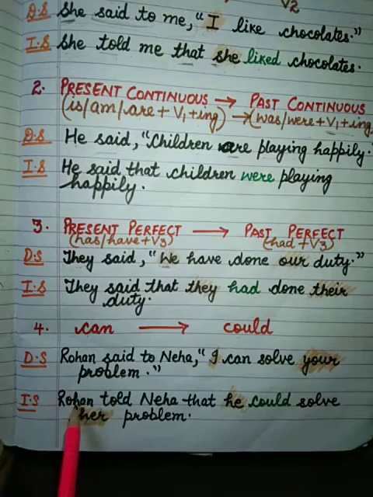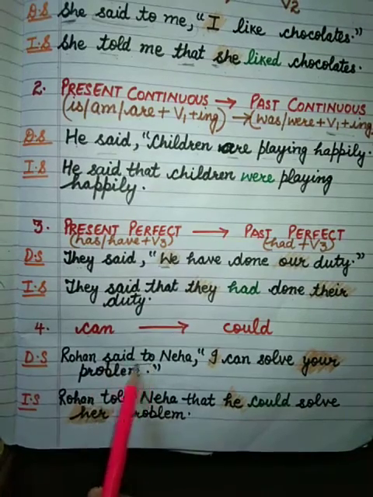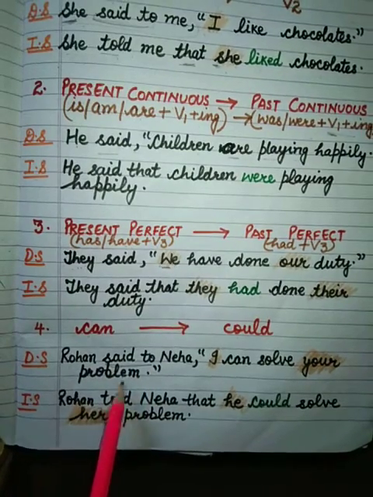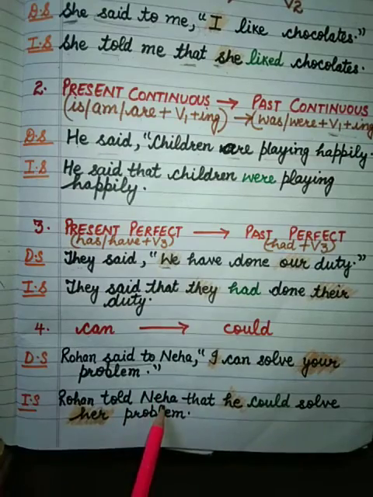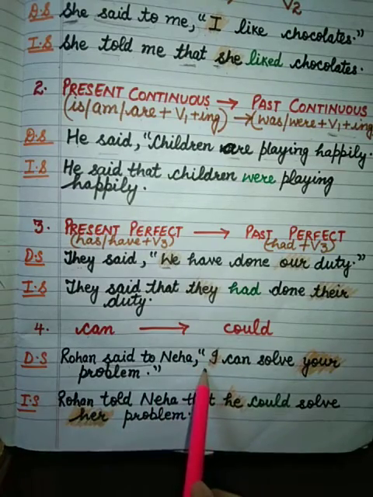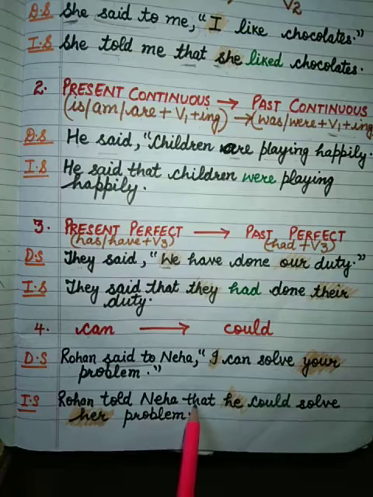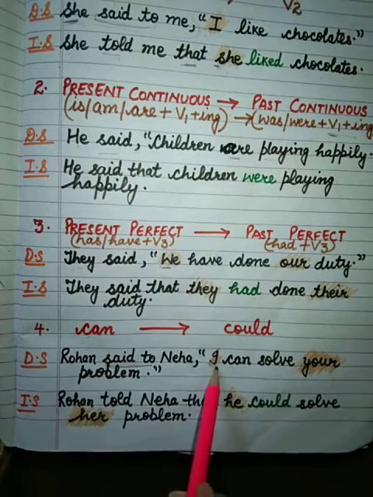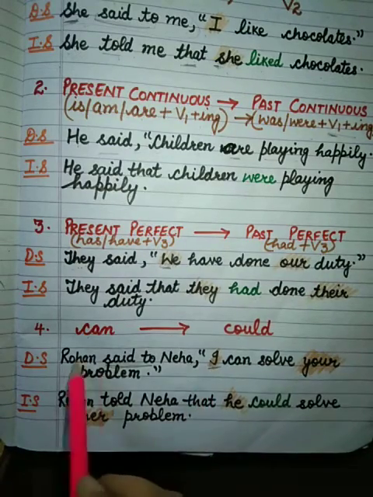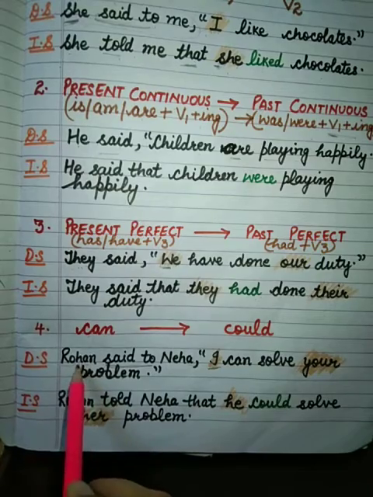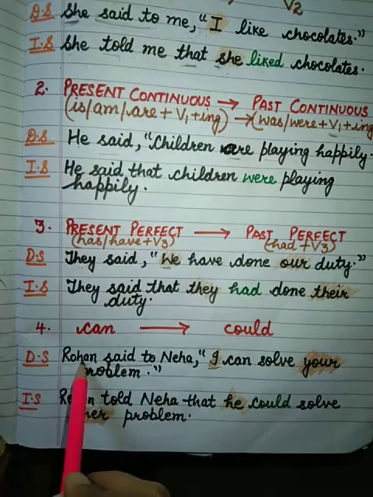Indirect speech, said to changes into told. Rohan told Neha, remove these quotation marks and use that. That first person pronoun changes according to Rohan. Rohan is the subject, so it will change according to Rohan.